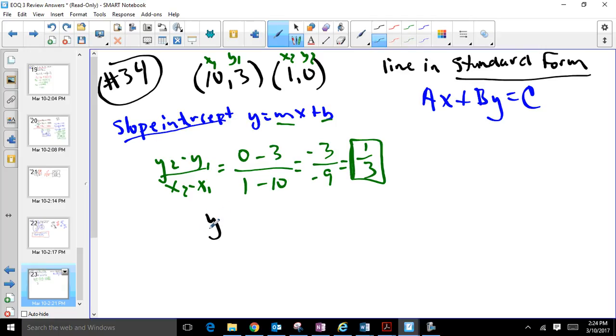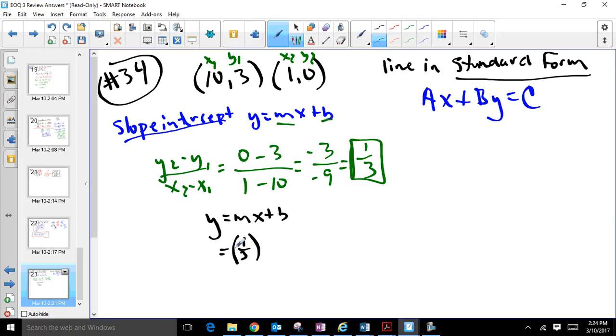So I take my template, y equals mx plus b, and plug in what I know. I've got 1/3 for my slope, and I can pick a point. I'm going to do 1, 0.